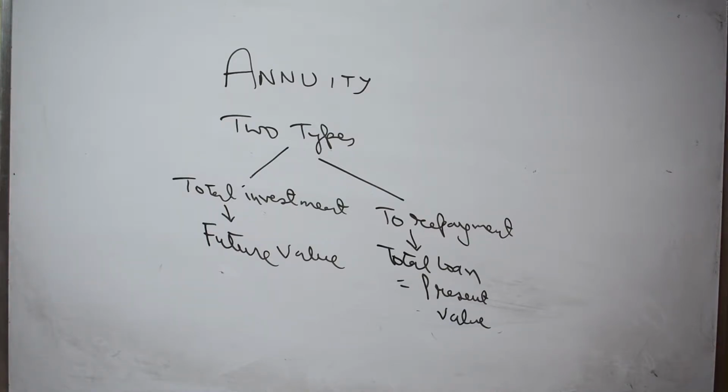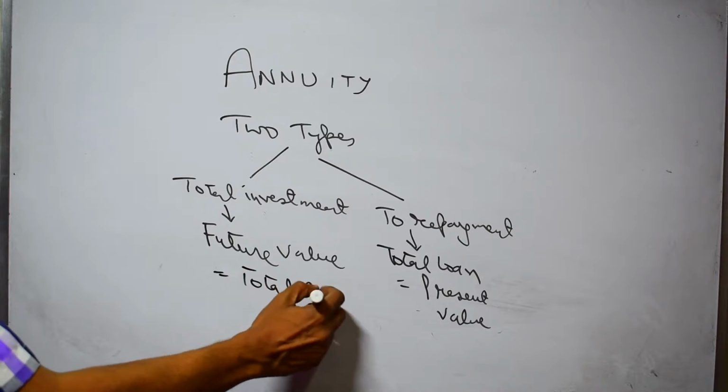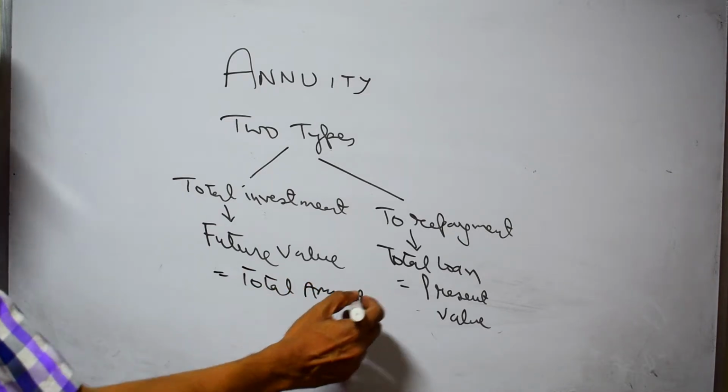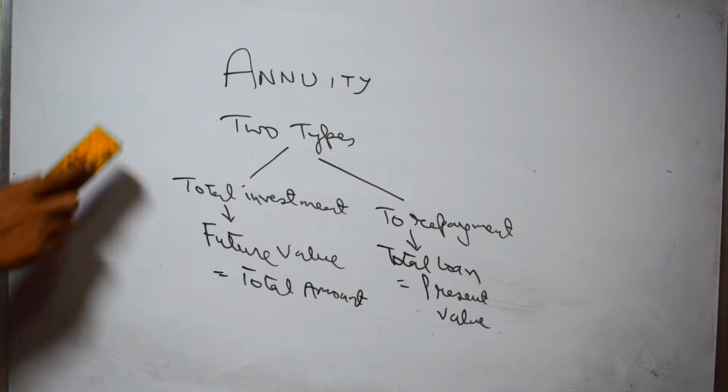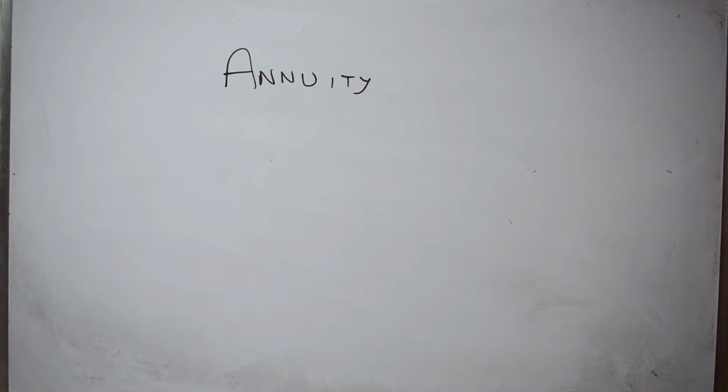Present value is to calculate the total loan of all installments without the interest included in the installments, and future value is to calculate the total installment amount in the future.